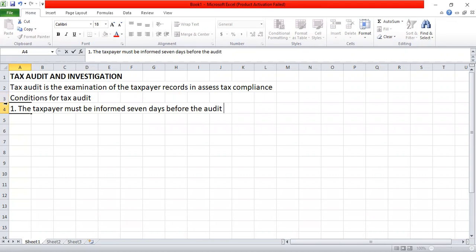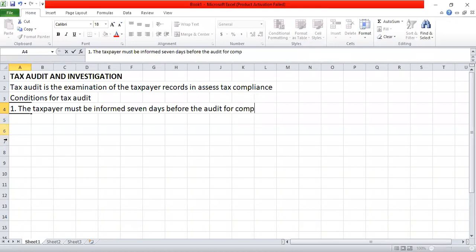The taxpayer must be informed 7 days before. That is for a comprehensive audit.